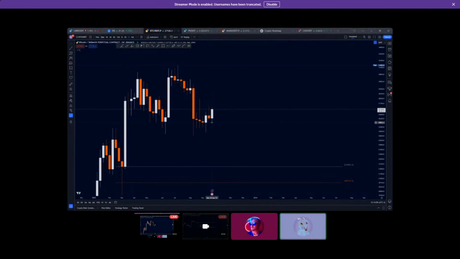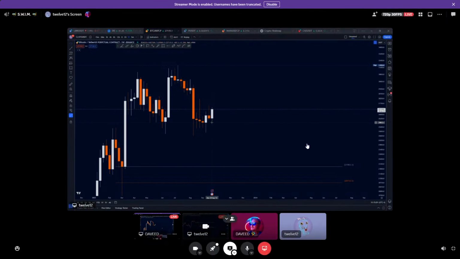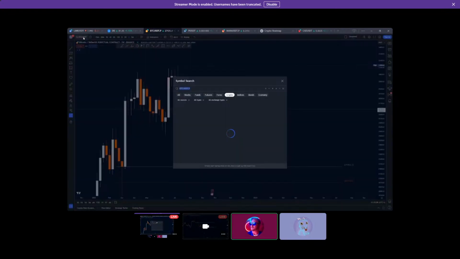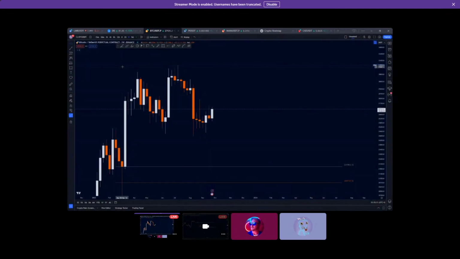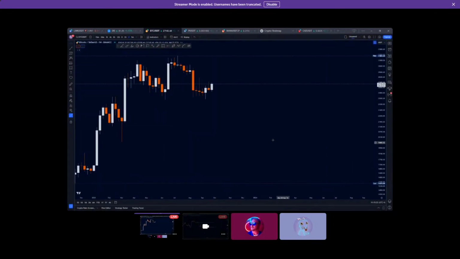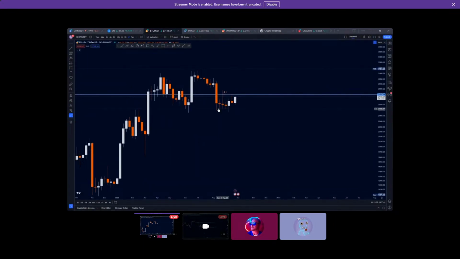But I like the perp chart. Well, sure, it's just not going to be as accurate as a spot chart. But it's good. The perp charts are always so good. Okay, so this candle's open.